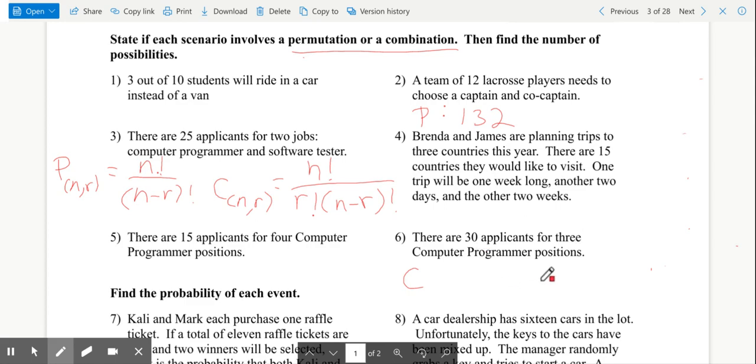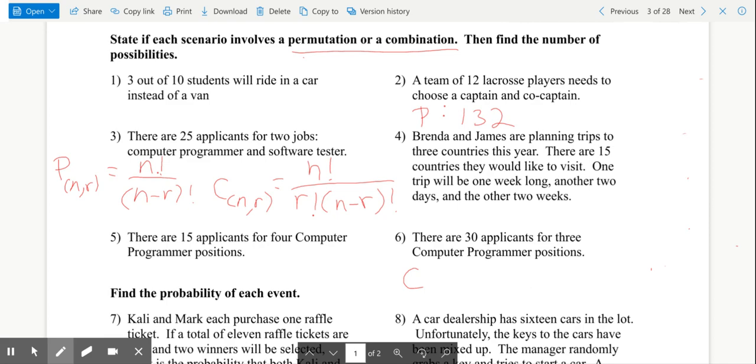So let's go ahead and do this example. N is going to be 30, our number of applicants, and R is going to be 3, the number of people that actually get the position. So how many combinations of 3 people can we get out of a group of 30 people?